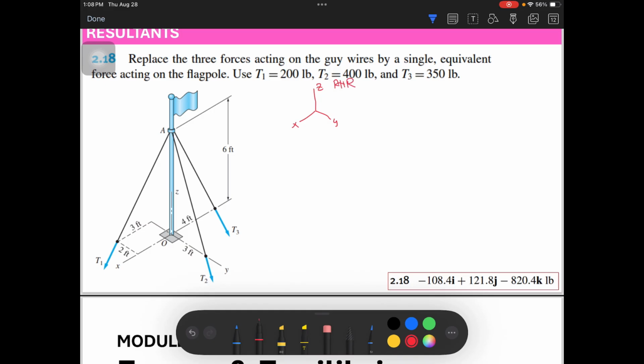Pag left hand rule, nakatalikod sila. Dito si X, ito si Y, Z. Okay. So, yung opposite side, sila si negative X, negative Y, negative Z. And the same dun sa kapila. Okay, so let's solve.